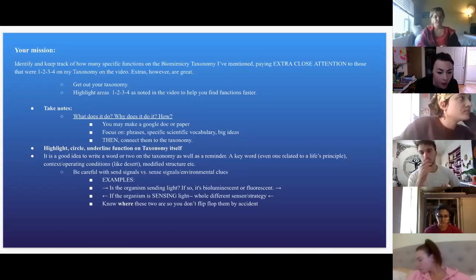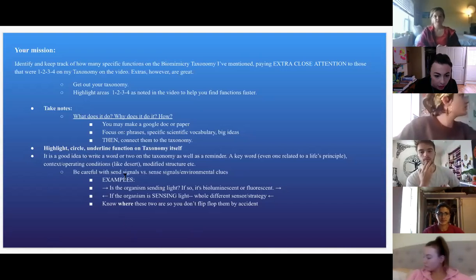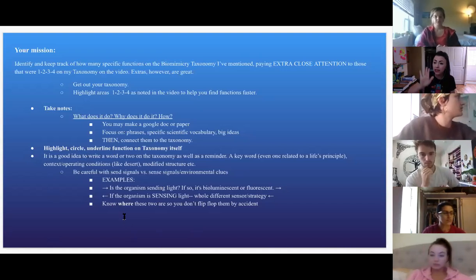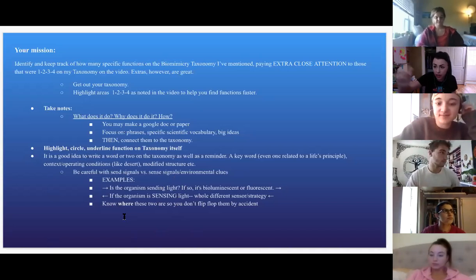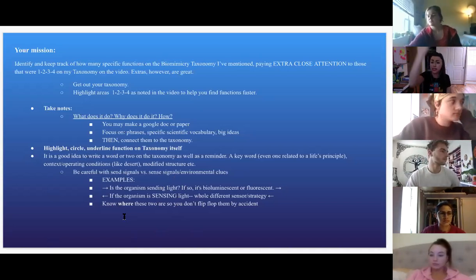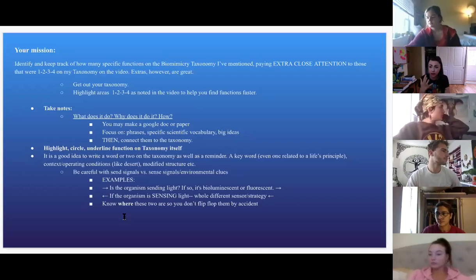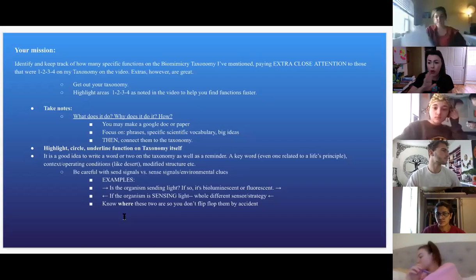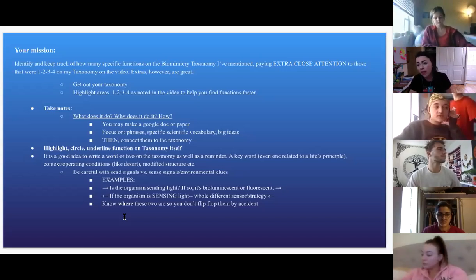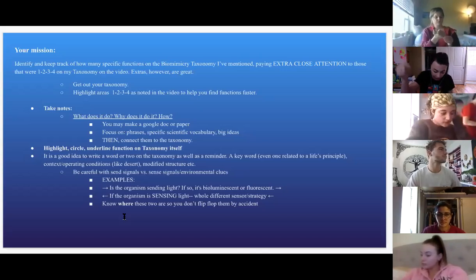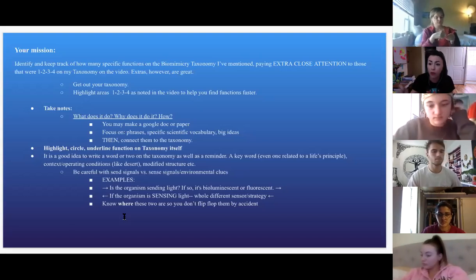So what I did up here is I drew a couple arrows right here. If it's sending, obviously it's putting that thing out. So on mine, I drew a big arrow going out under sending, and under sensing, obviously they're bringing that in, and there's sensors and receptors and a whole completely different set of adaptations. So on mine, I just drew an arrow out and then an arrow back in, so I could find it quickly and not mark the wrong one. I know you guys know what that means.